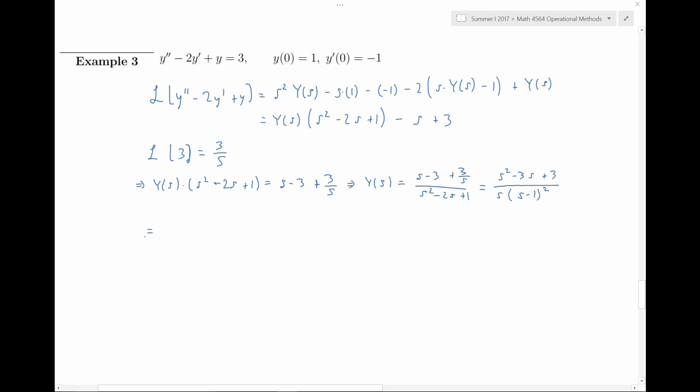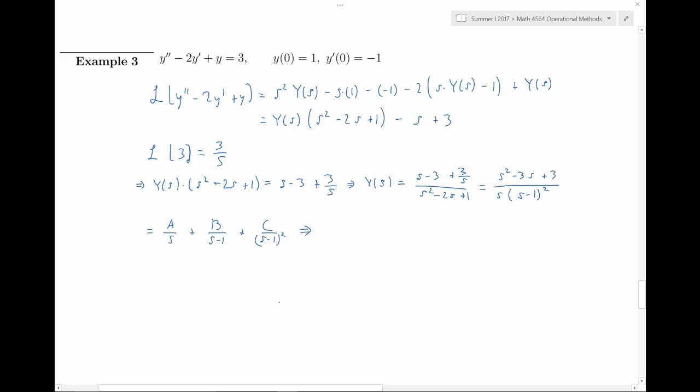If we try to use the partial fraction decomposition for it, then the partial fractions should be something like a over s plus b over s minus 1 plus c over s minus 1 squared.